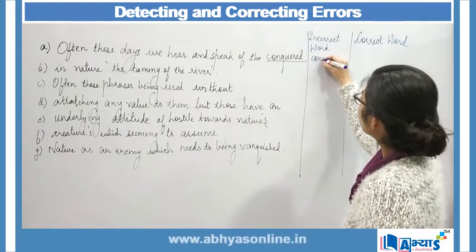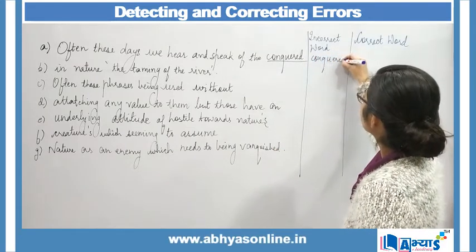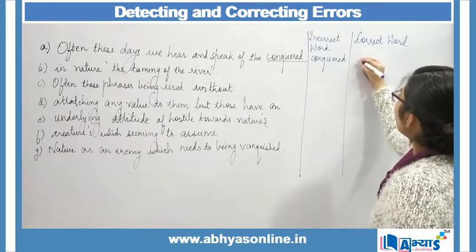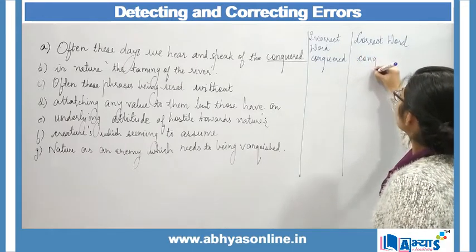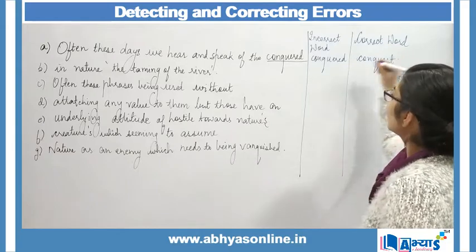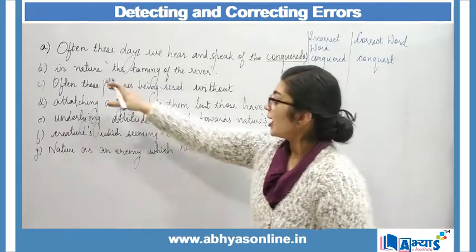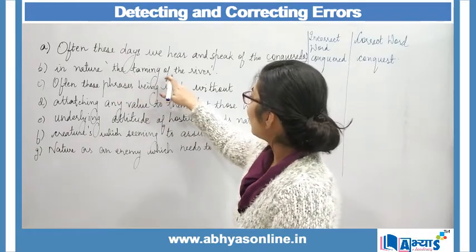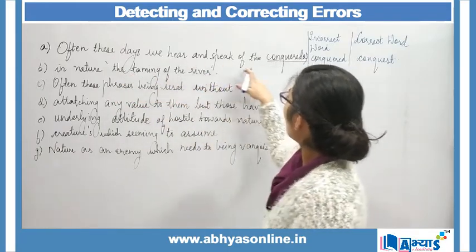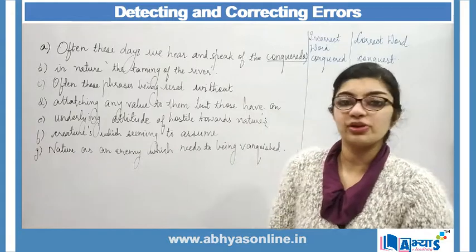So conquered is wrong. We will be saying conquest in nature. That is the A point. In nature, the taming of river, the conquest of nature.